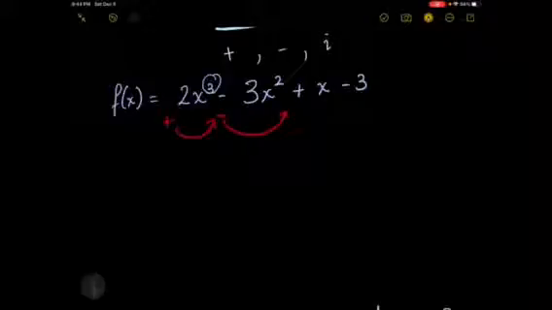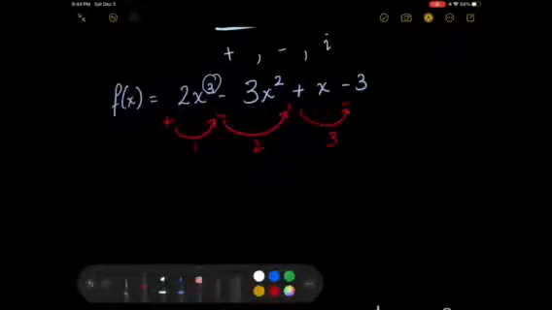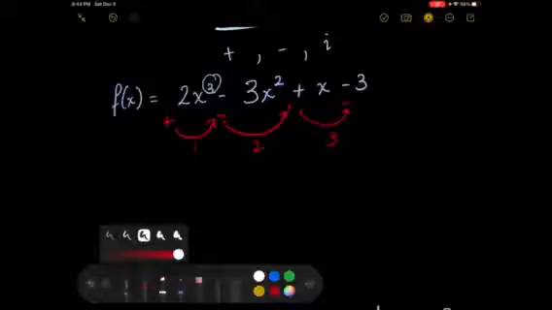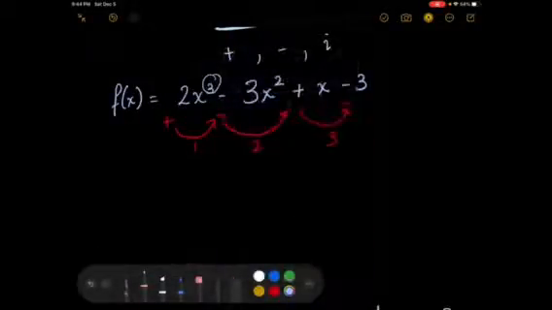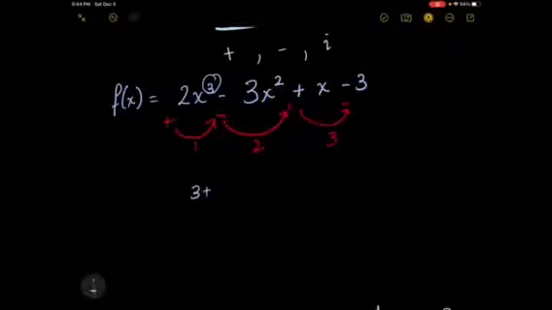It changes from positive 2x cubed to a negative 3x squared to a positive x, and now this positive x goes down to a negative value. So in total, we switched 1, 2, 3 times. What this means is we can have a possibility of 3 positive roots.